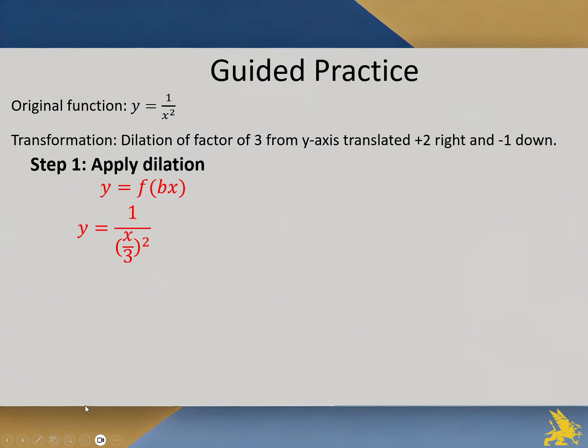I will then simplify that by saying 3 squared is 9. Now this is really saying 1 divided by x squared over 9. So we can keep, change, and flip. That means the 9 will be on our numerator and becomes y is equal to 9 over x squared. Now I just need to apply the translation. The translation was 2 right and 1 down.